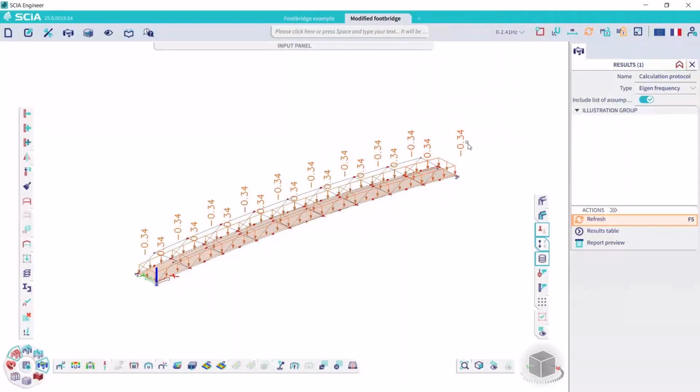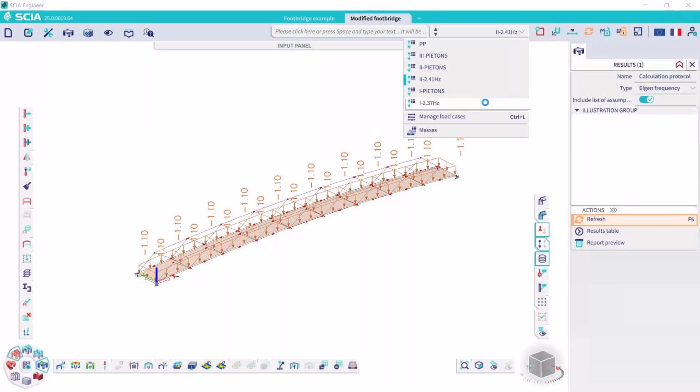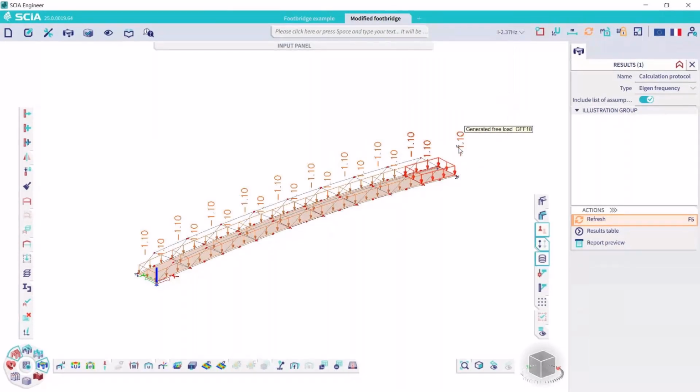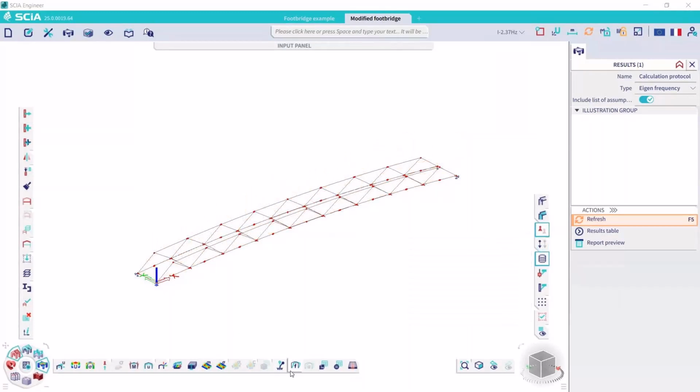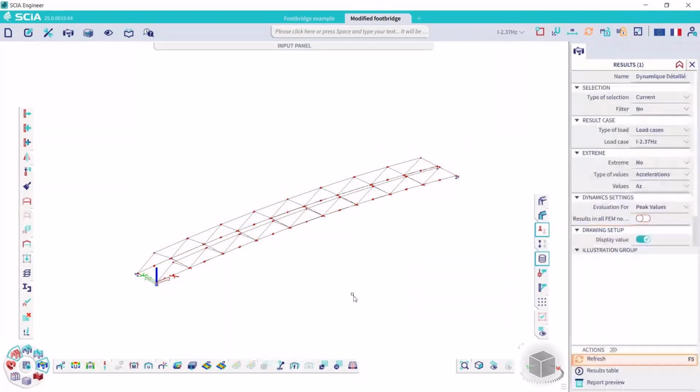So the loads to be applied for class 2 are 0.35 kilograms per square meter. And for class 1, it's 1.1 kilograms per square meter. If we look now at the results in terms of accelerations, for class 2, we will get a maximum acceleration of 0.57 meter per square seconds, which falls in the mean comfort level.